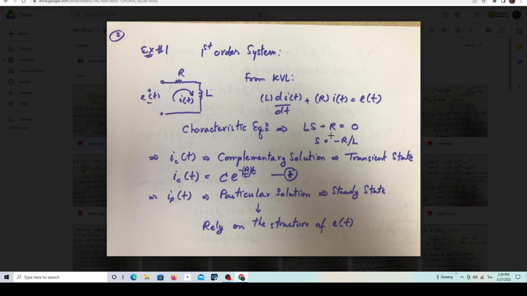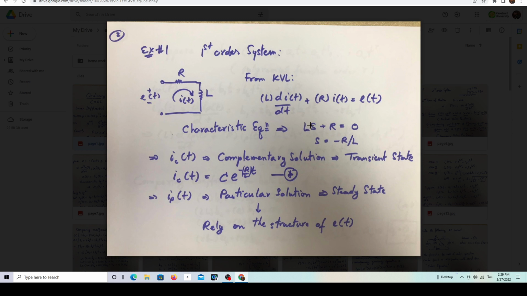Why do we call it the root of this equation? Because if you have a higher order system, you can have terms of s squared, s to the 3, s to the 4, and you have to find two or three more values. But this one is only first order, so there's only one root here.